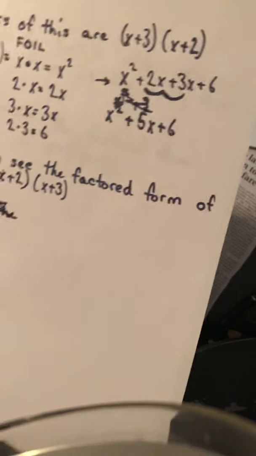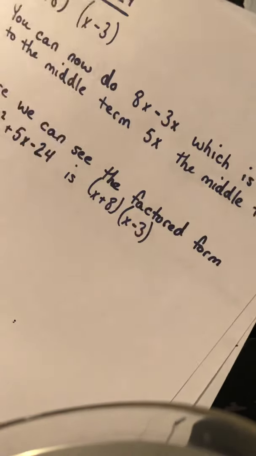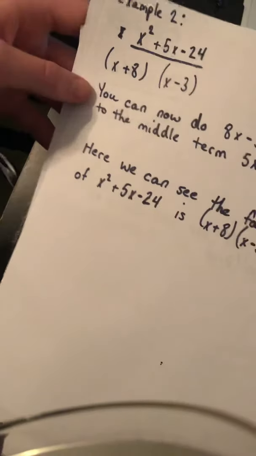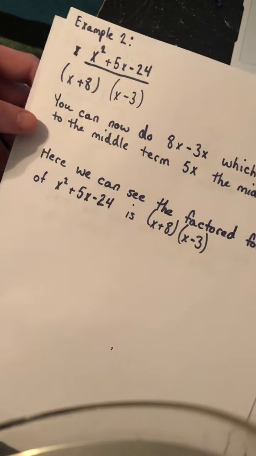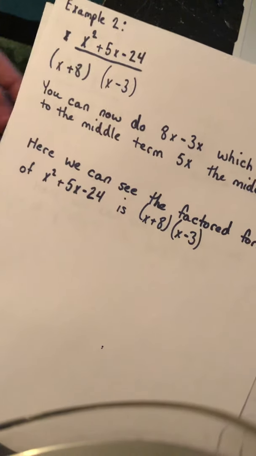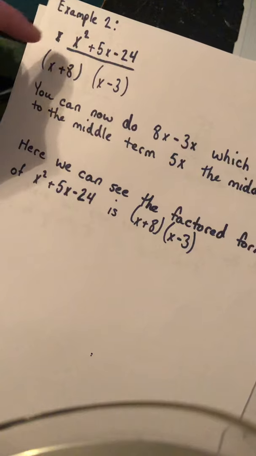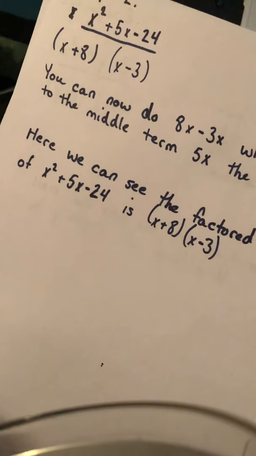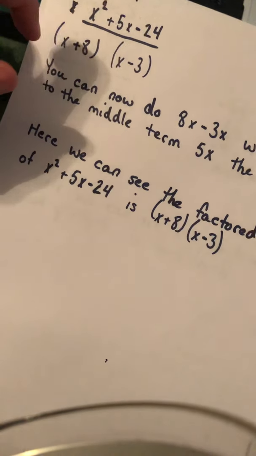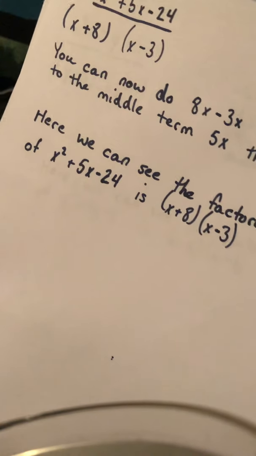Now, example 2. x squared plus 5x minus 24. You do your double bubble, you bring down both your x's, and you bring down your signs, which are plus and minus.